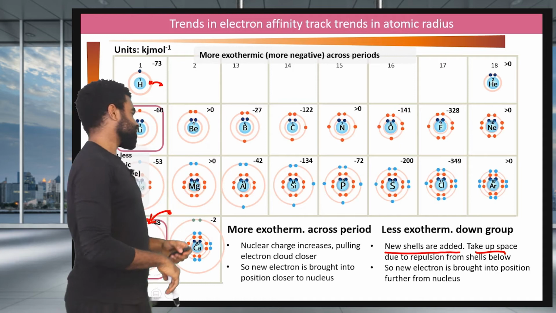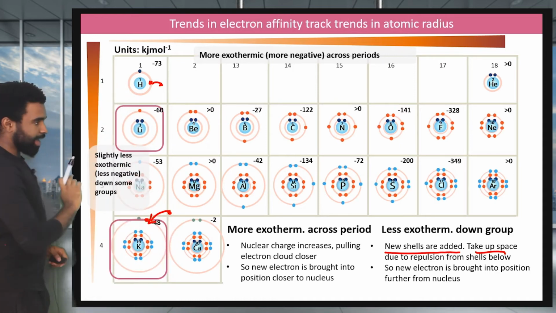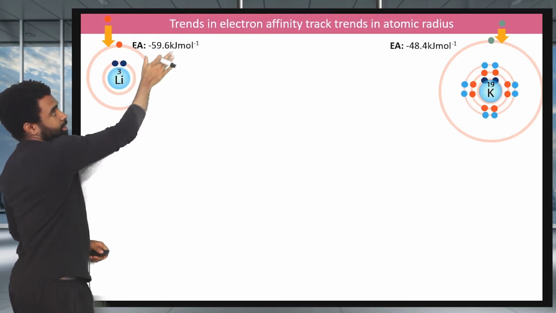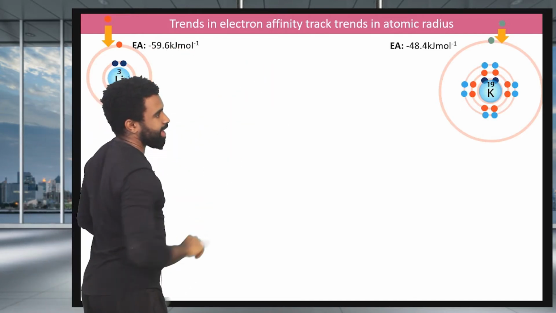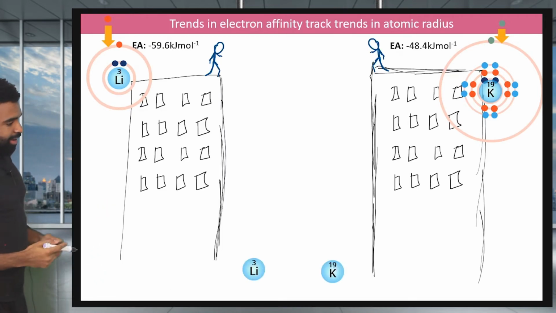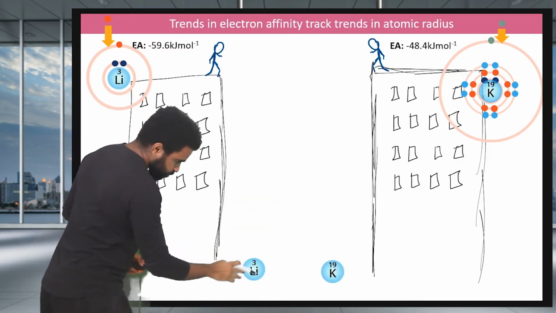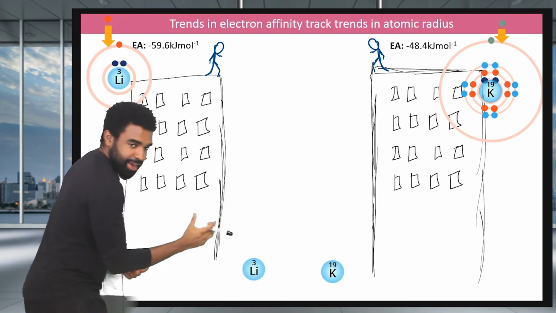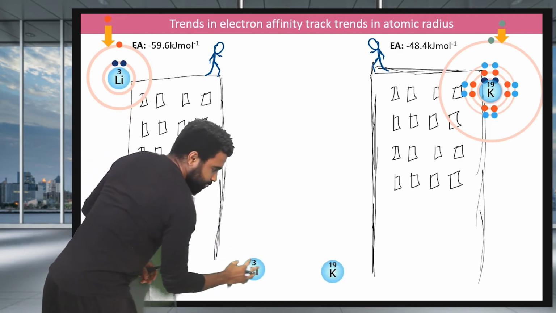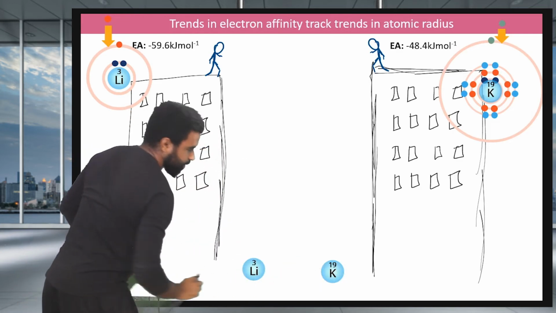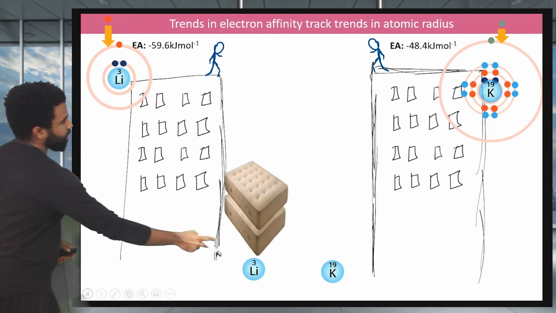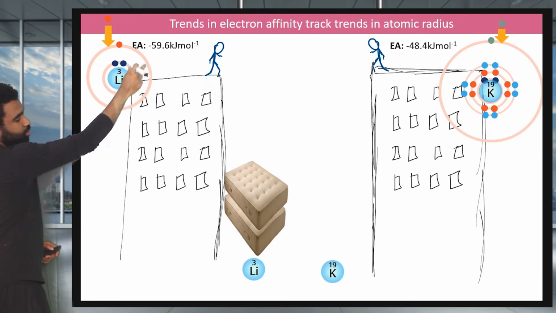Let's look at an analogy for these, considering lithium and potassium. So here we have lithium and we have potassium, and we notice that here the electron affinity is more exothermic than it is over there. We bring back our stuntman, Electric Mike, and again he's jumping into the atom, right? And what's pulling him is not gravity, but rather the electrostatic pull of the protons in these nuclei. And there's a certain amount of cushioning in each case. For lithium, we have 2 shells.